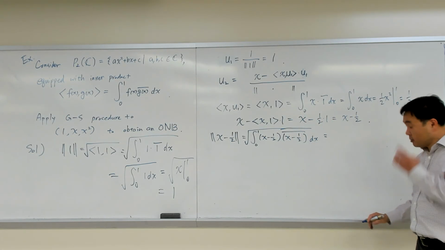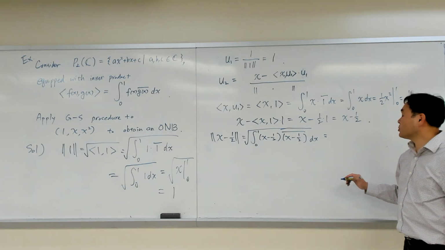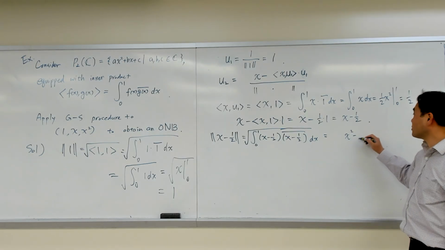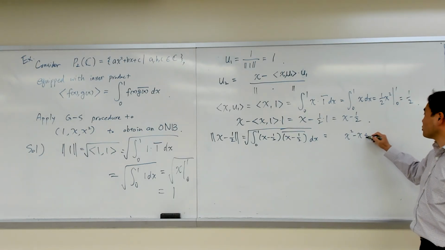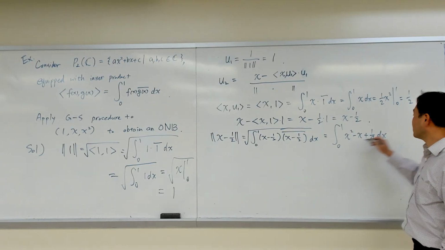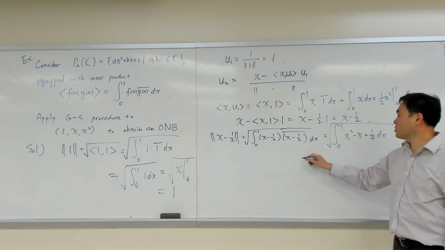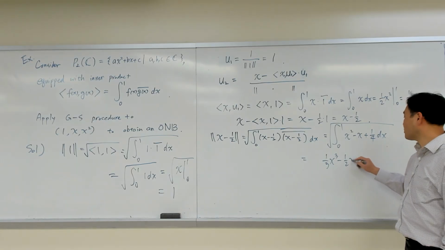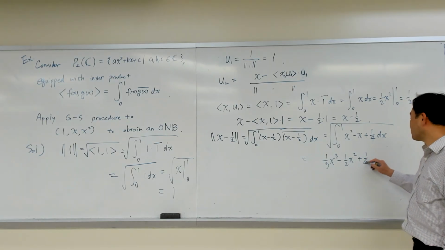That's going to give you x squared minus x plus 1/4, integral from 0 to 1 dx, still square root, which is 1/3 x cubed minus 1/2 x squared plus 1/4 x.